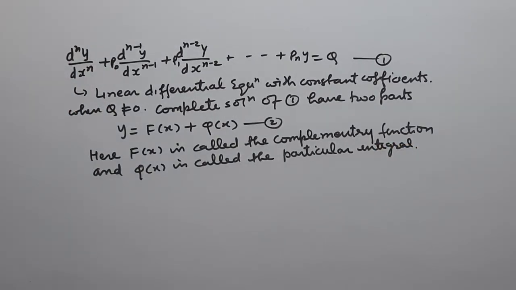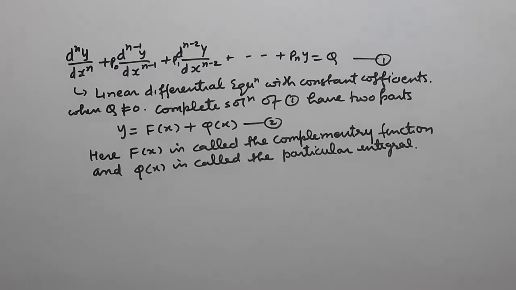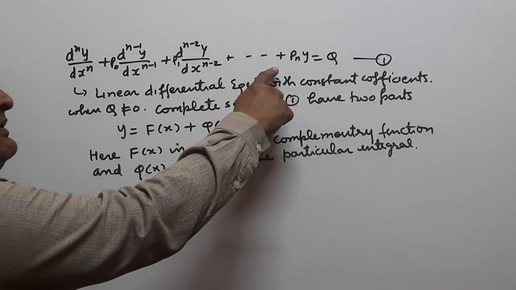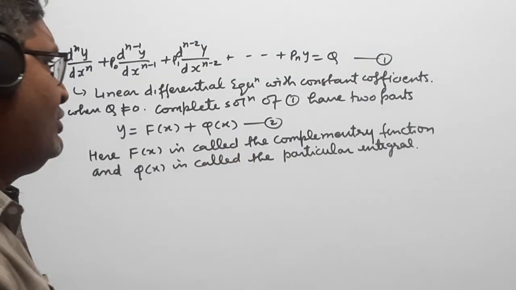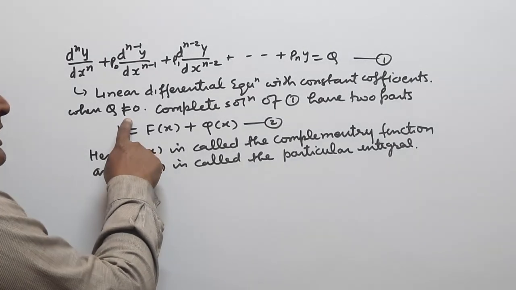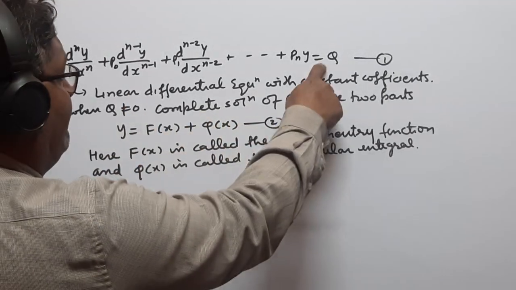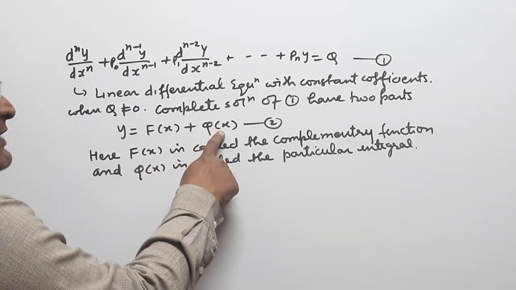You know that this equation (1) is an nth order linear differential equation with constant coefficients. Here q is not equal to 0. Then the complete solution of (1) has two parts: y = f(x) + phi(x).